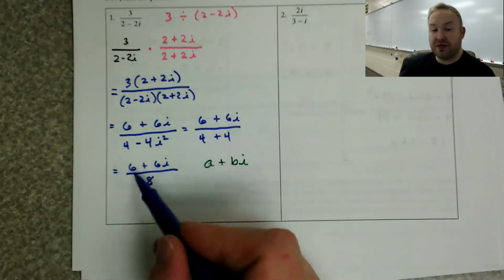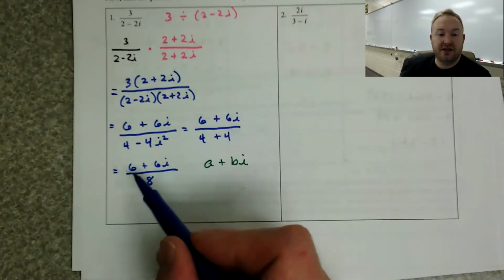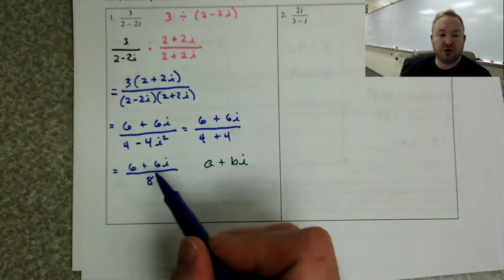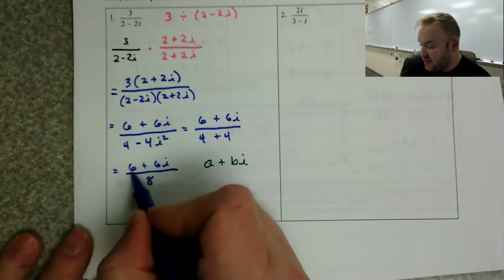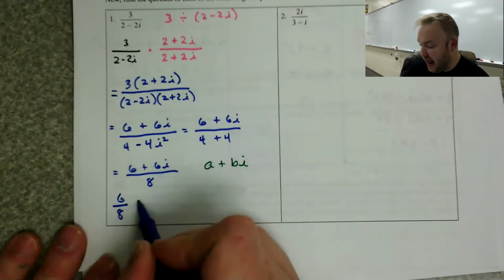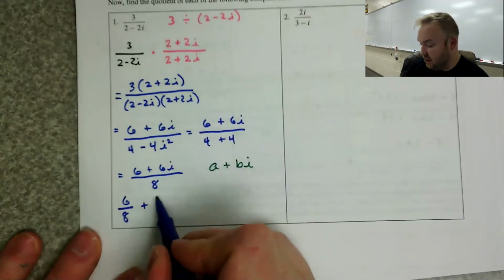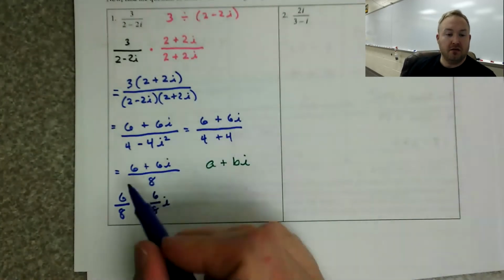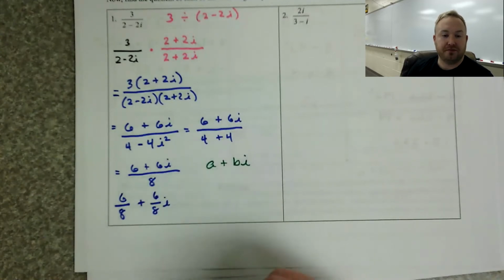Now, the way I want you to think about this is that we are distributing the division by 8, which means this 6 gets divided by the 8, and then we add, and then this 6i gets divided by the 8. I'm going to write it as 6/8 i. So we have distributed that division.